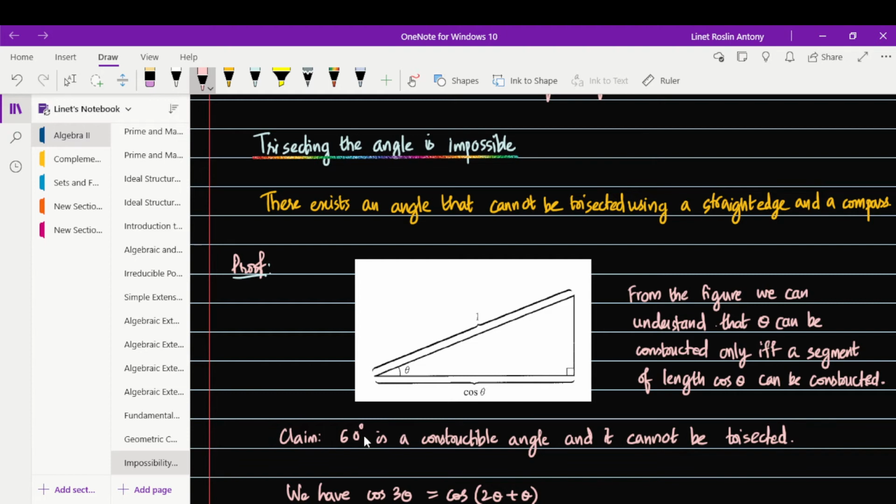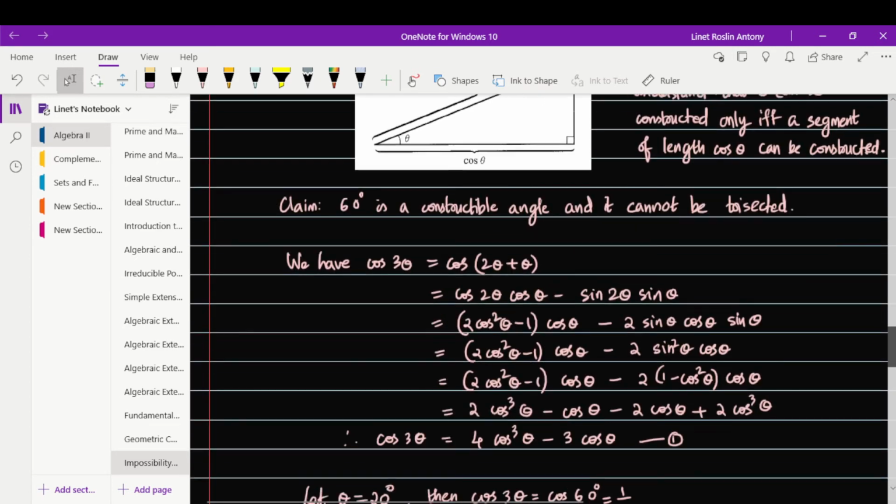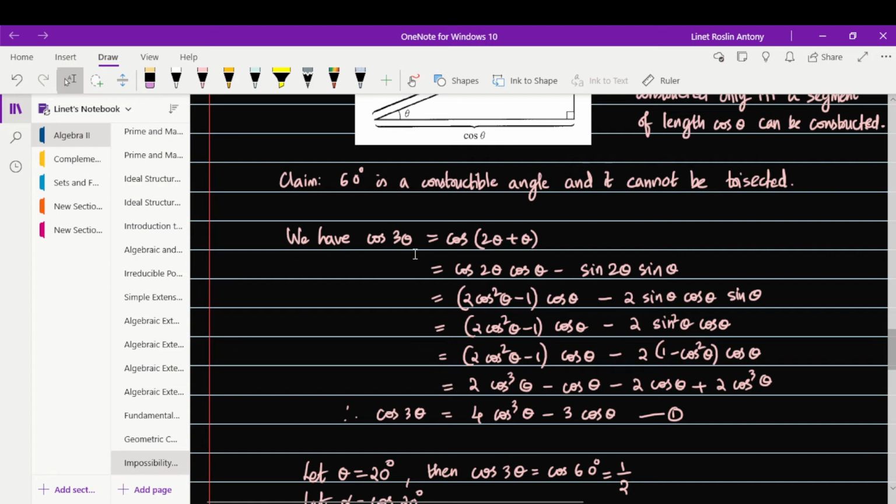Then we claim that 60 degrees is a constructible angle and it cannot be trisected. So this is the main part of this proof. For that, consider cos 3 theta. Definitely cos 3 theta is equal to cos of 2 theta plus theta.